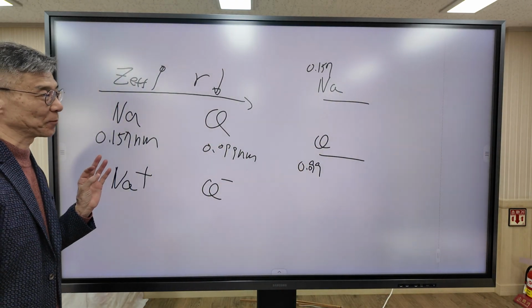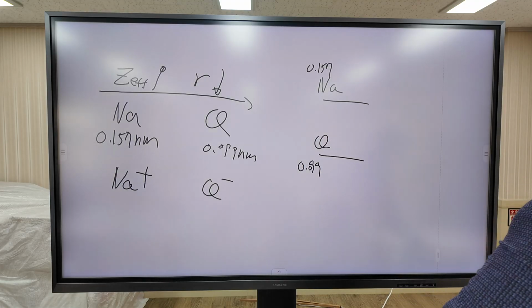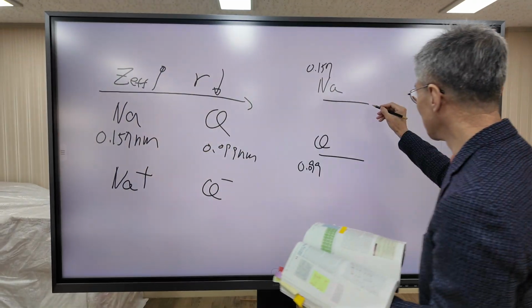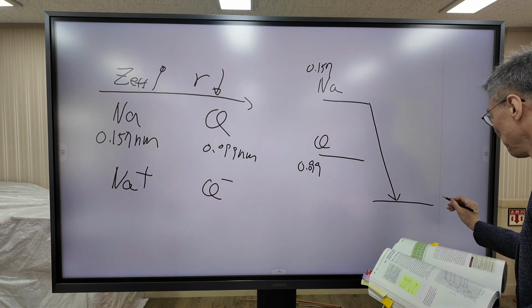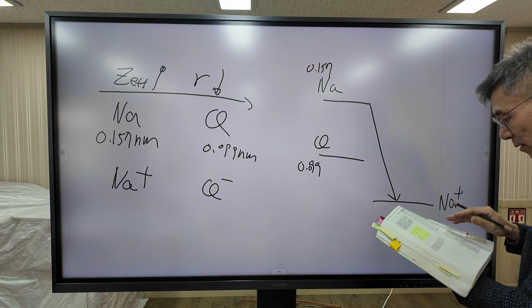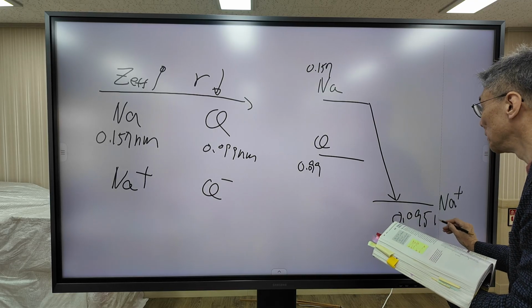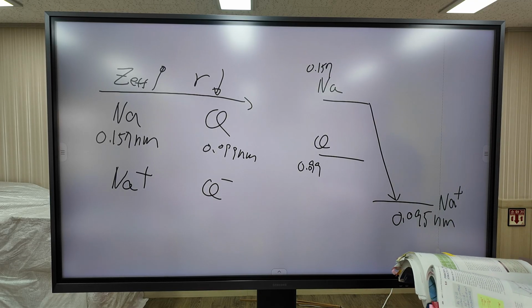The question is, when you measure the radius of Na plus, it is 0.0 nanometers.